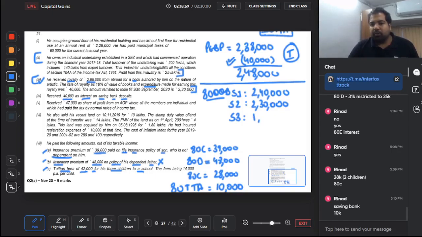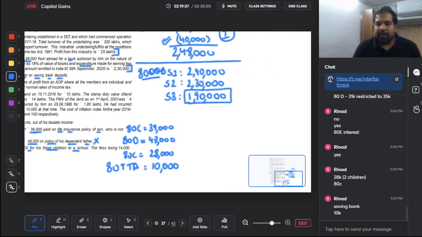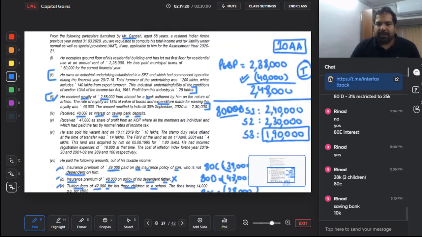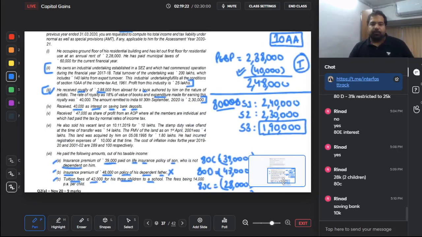So minus 40,000, that is 1,90,000. So this or 3 lakh, the lesser amount is 1,90,000, and you will get a deduction under 80QQB of 1,90,000. I hope this is understood, guys. If you have not understood this, please do let me know. Flag it off so at least I can explain. So this is 80QQB.